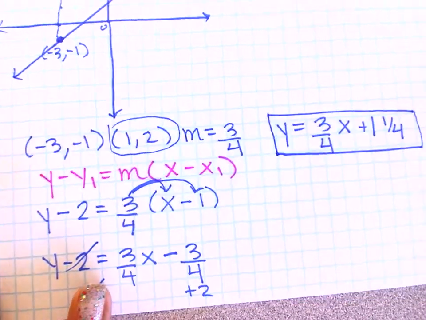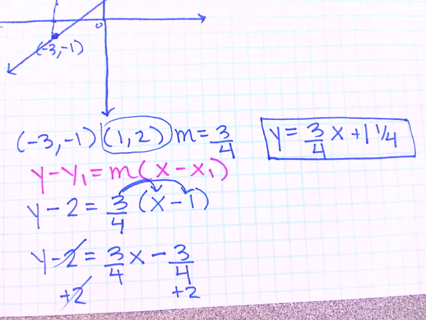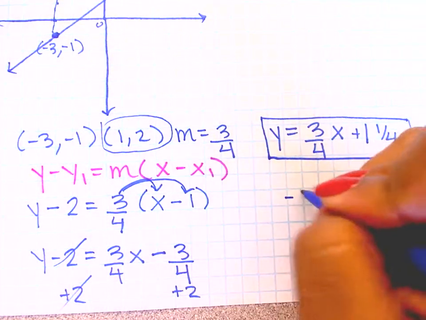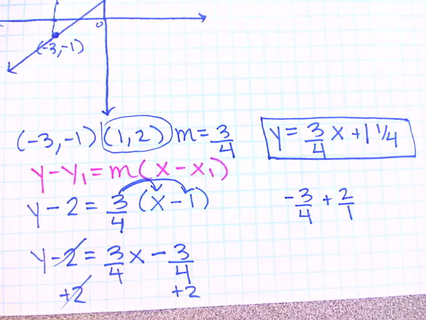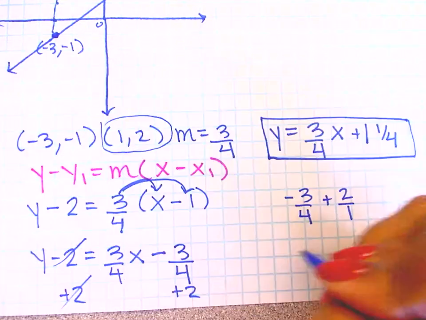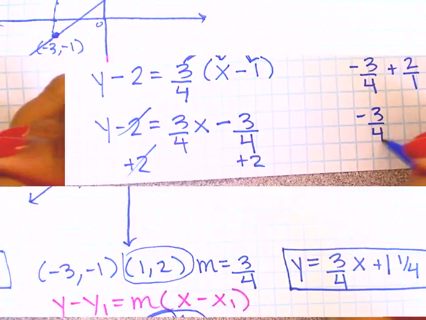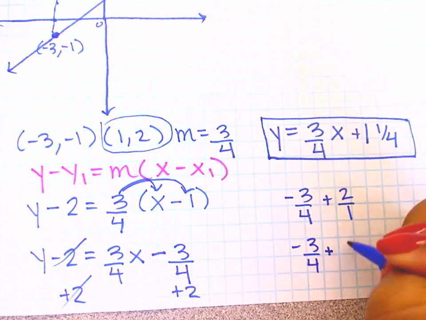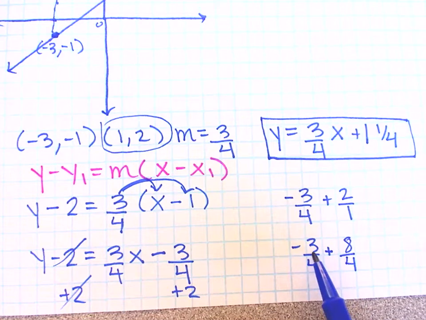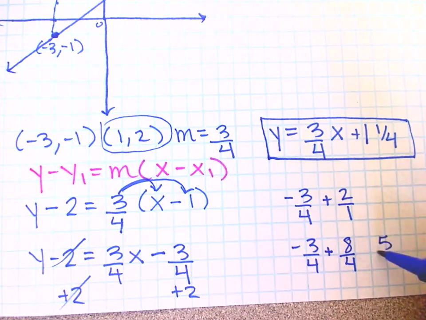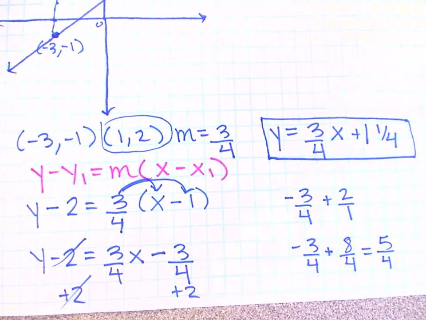So when it gets to fractions, sometimes it gets a little crazy, but you can do it on the side. You can always do your -3/4 plus 2/1. You have to find a common denominator, right? So you have -3/4 plus 8/4. -3 plus 8 is 5/4, which is 1 and 1/4.